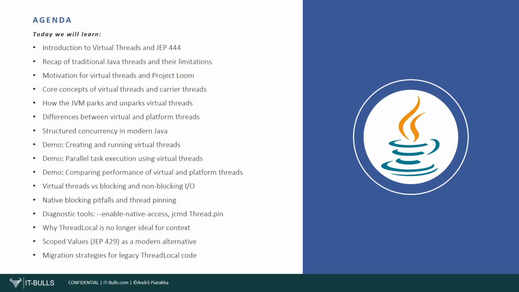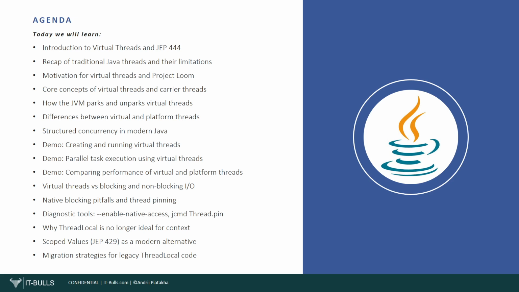We'll also look at how to migrate legacy code that relies on ThreadLocal so that it works safely with virtual threads. By the end of this lesson, you'll have both a theoretical understanding and practical experience with virtual threads, and you'll be ready to start applying them in modern, scalable Java applications.